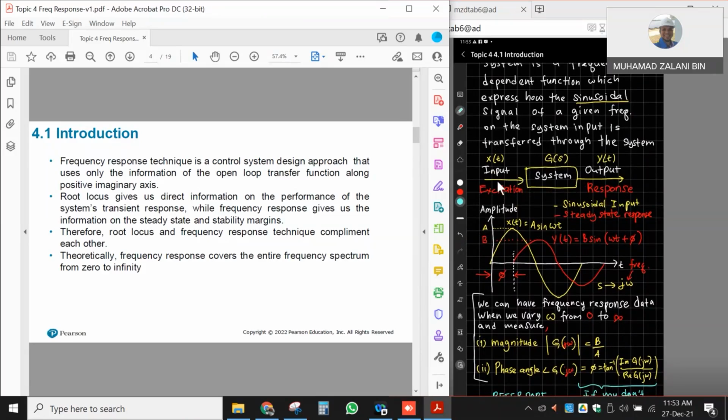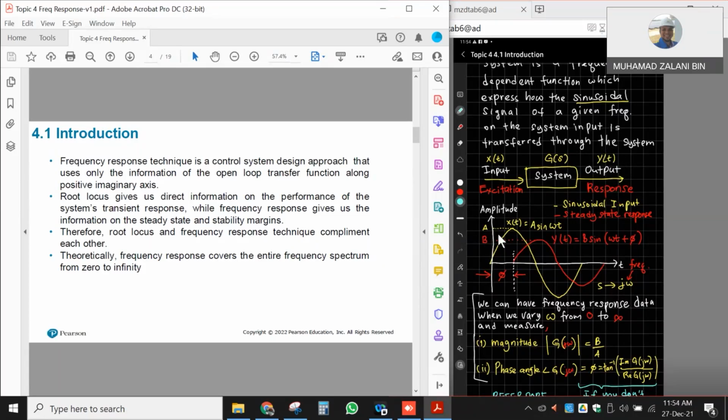So we give an input x(t), a function of time, a sinusoidal waveform, and we see how x(t) behaves at the output. We get the output y(t), also a time function of the response. Basically, we expect that this is also a sinusoidal waveform.